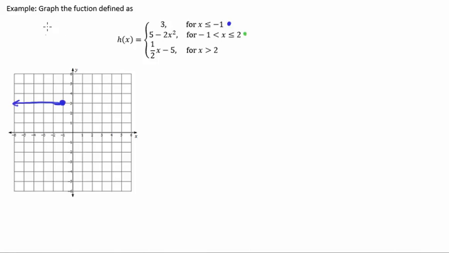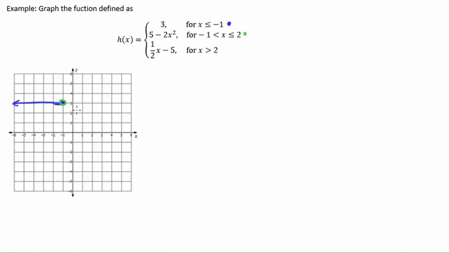So on your table of values you have -1, 3. Well, that is this point that we've already got drawn. Now it's not equal to at that point, but what's going to happen is because those two equations meet, we're actually going to end up with a continuous curve that doesn't jump.